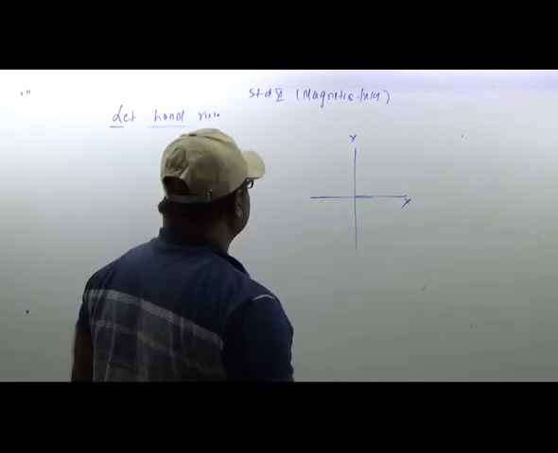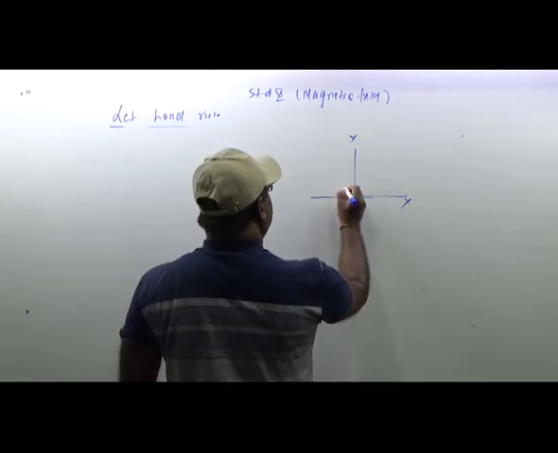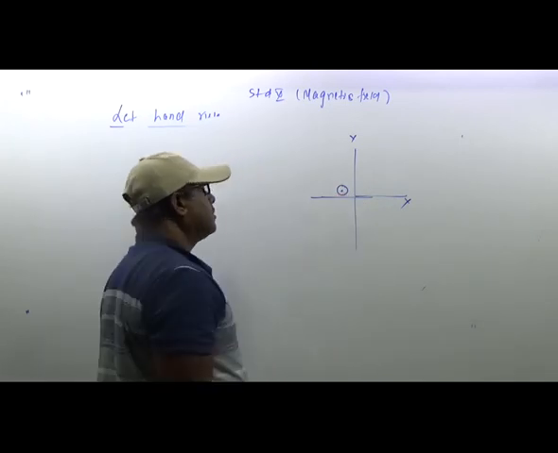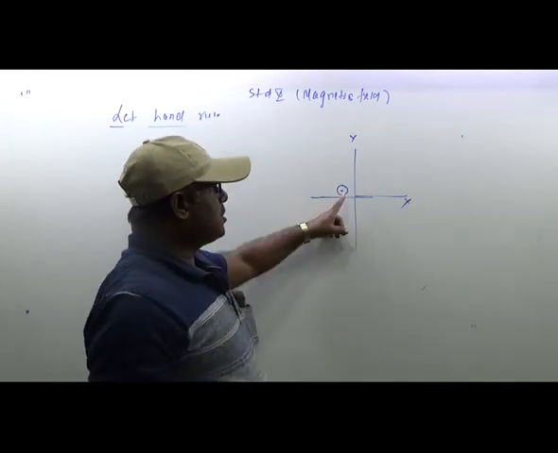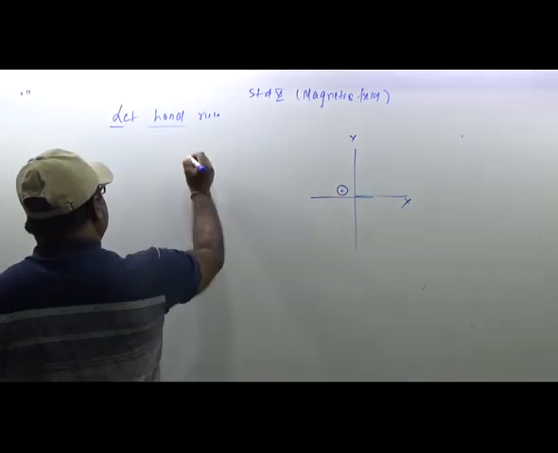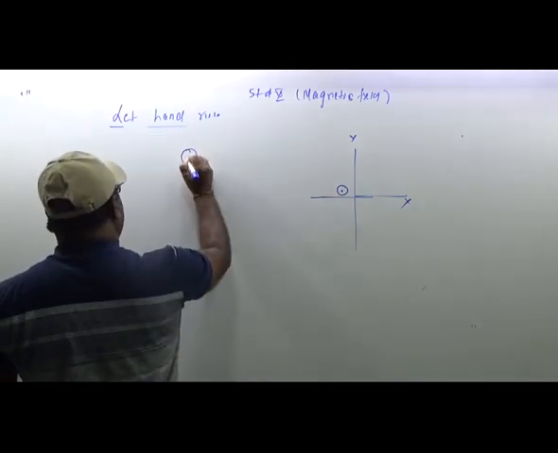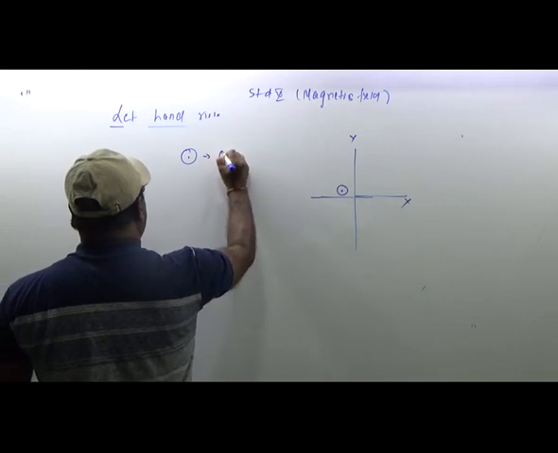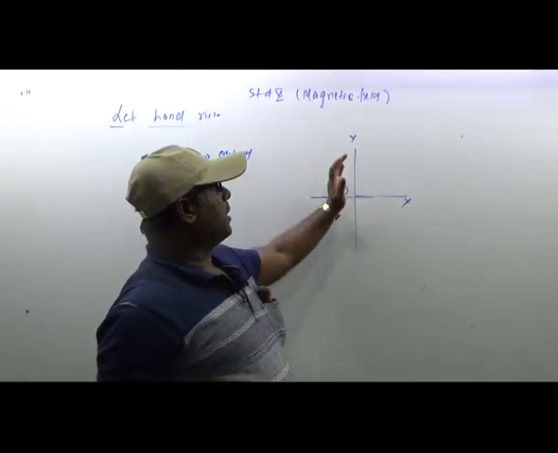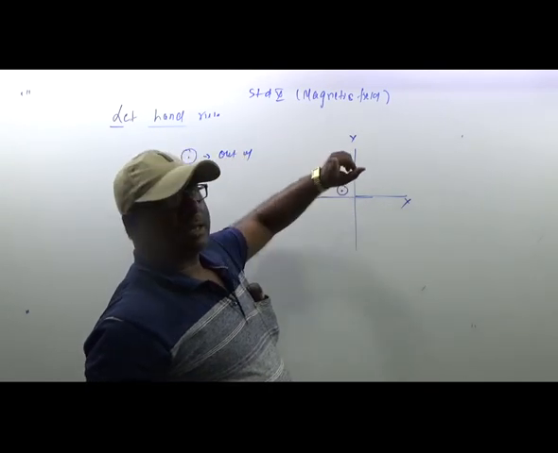So if there is a symbol like this, this symbol shows out of the page. This is the third direction, x, y and this 3-dimension.